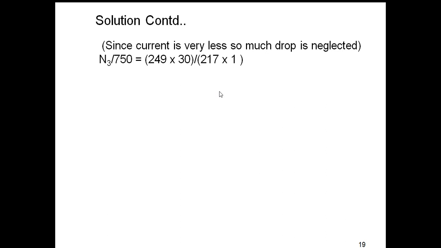From that, N3 by 750 is equal to 249 into 30 by 217 into 1.